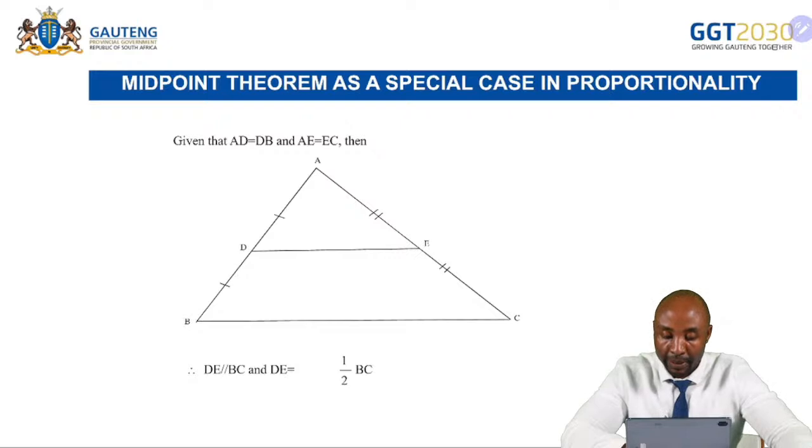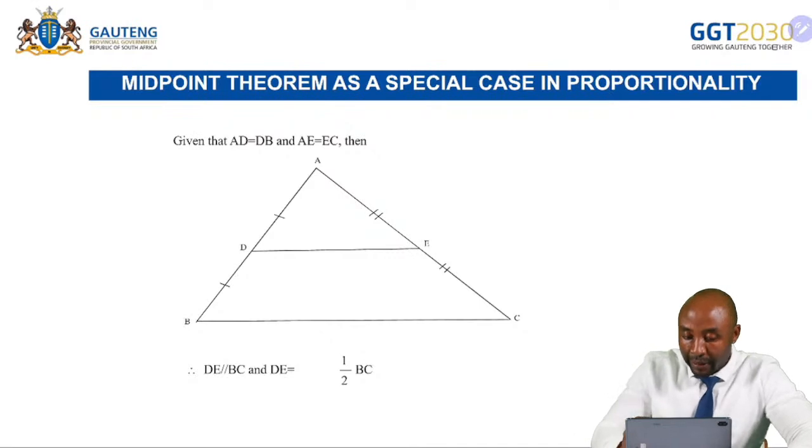We make lots of assumptions and we end up getting things wrong. So if it's not stated, then there should be indication using the lines that our AD is equal to DB, and also that our AE is equal to EC.